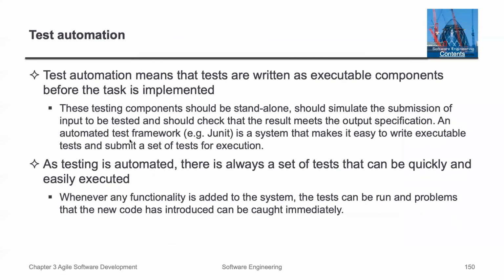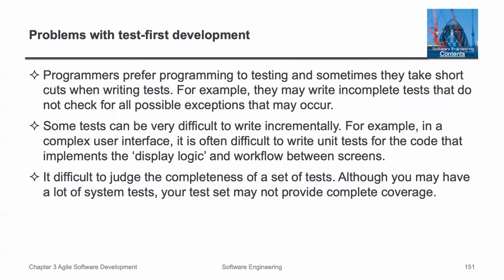An automated test framework is a system that makes it easy to write executable tests and submit a set of tests for execution. As testing is automated, there is always a set of tests that can be quickly and easily executed. Whenever any functionality is added to the system, the tests can be run and problems that the new code has introduced can be caught immediately.